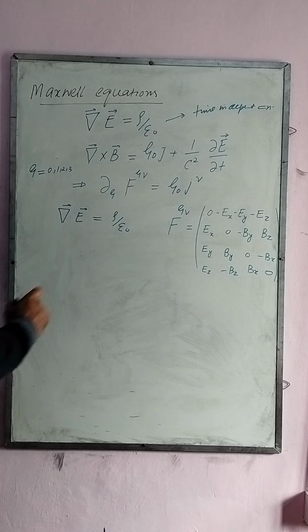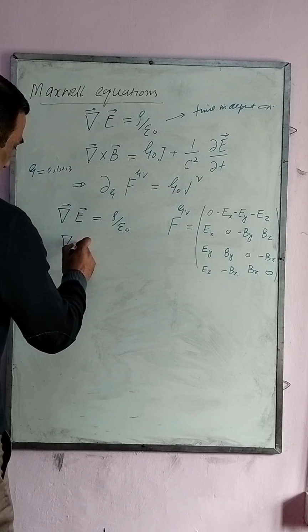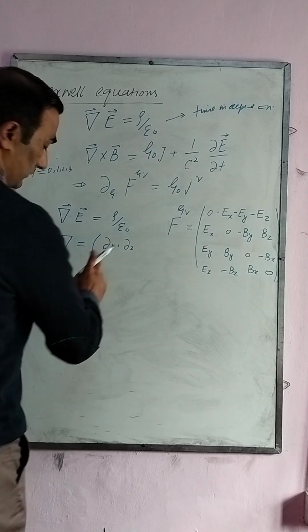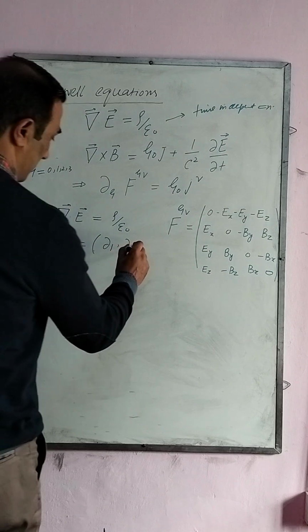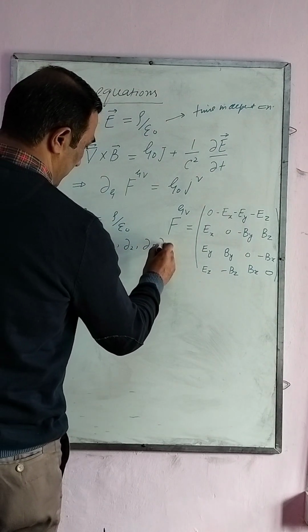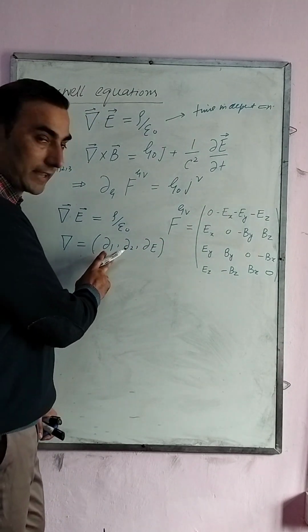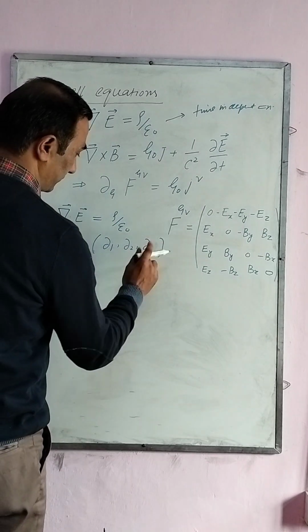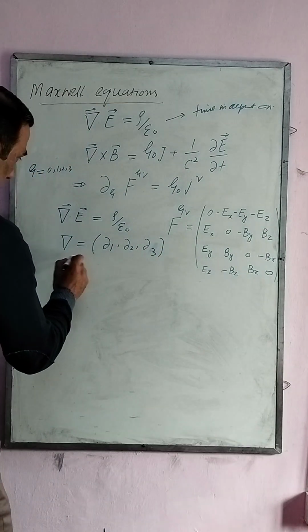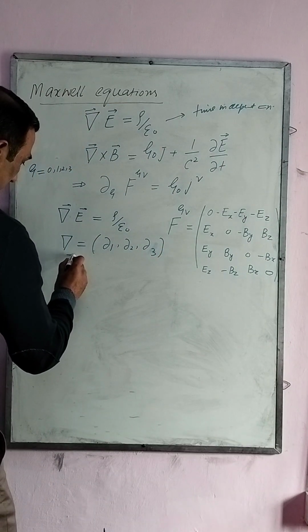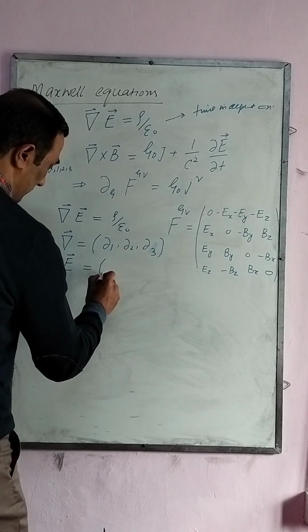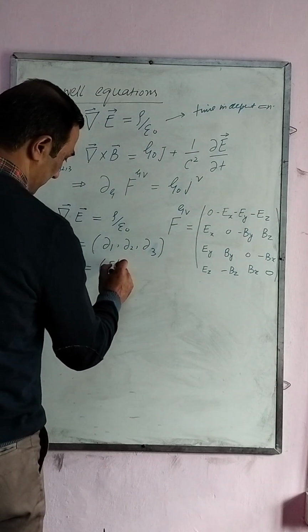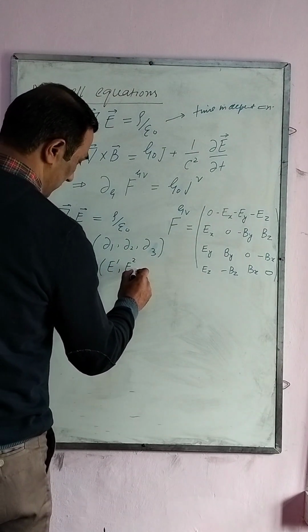So we can write this nabla as (∂1, ∂2, ∂3), right? This ∂1 corresponds to the x component, this corresponds to y, and this corresponds to the z component. And similarly, E I can write as (E1, E2.